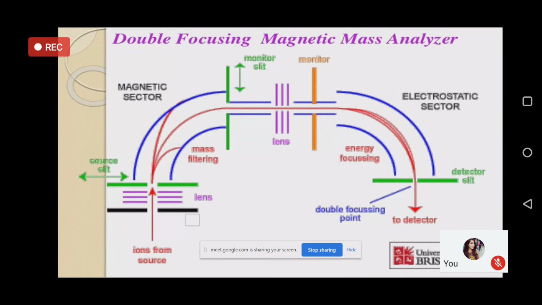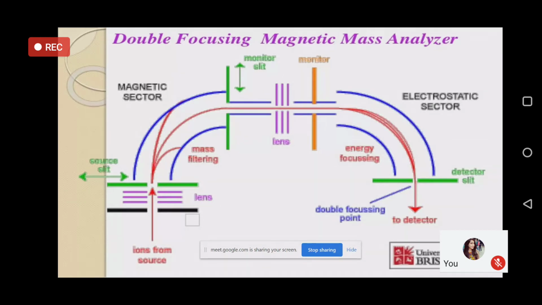Is this point clear? And then the second focusing is with respect to m by z, which all of you are familiar with. The magnetic field is going to deflect, and then you can choose a particular m by z to come to the focus. What do you mean by come to the focus? Come to the detector, get discharged, and register the current.